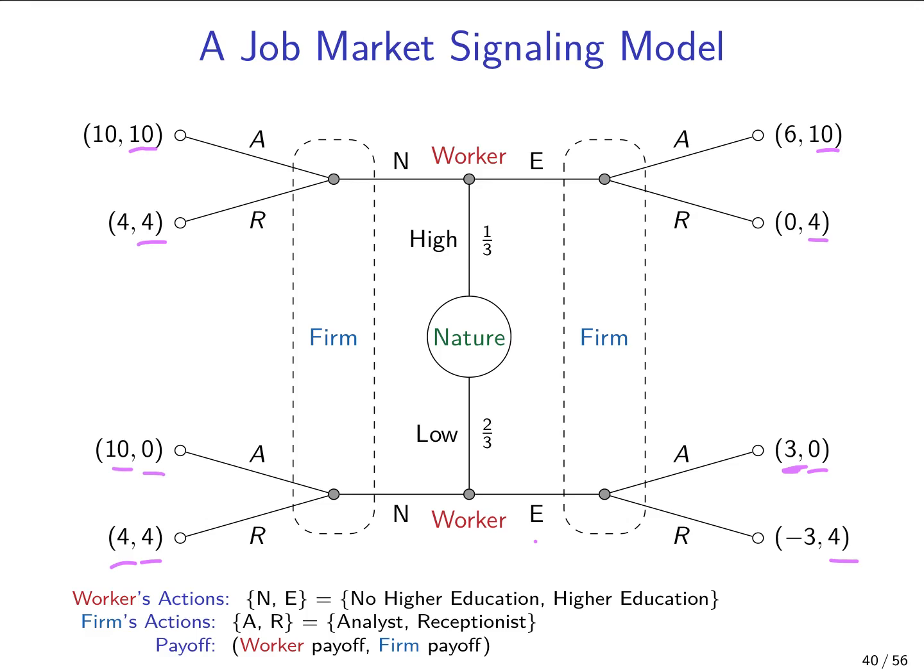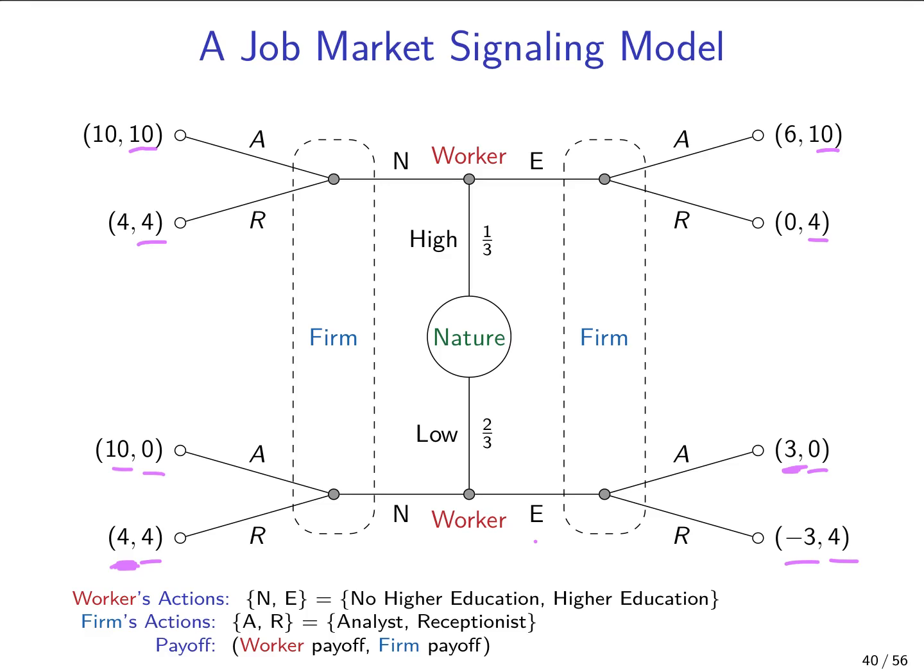If the worker gets hired as a receptionist and the salary is equal to 4, but if the low-type worker got education that costs 7, it just becomes -3.